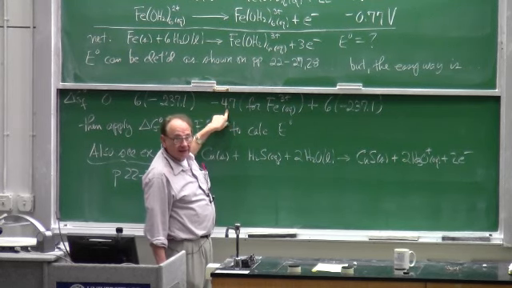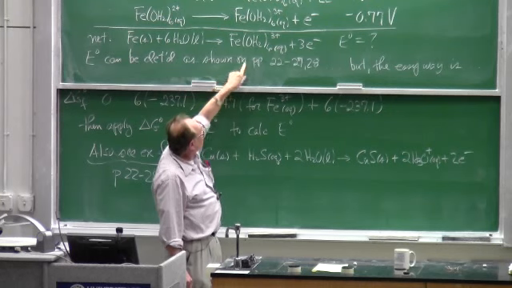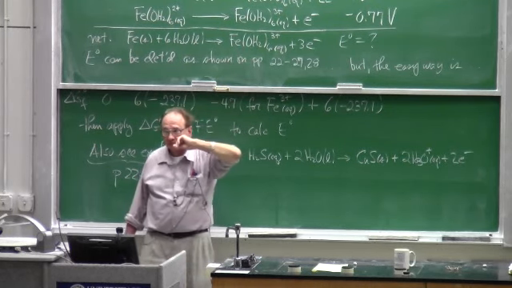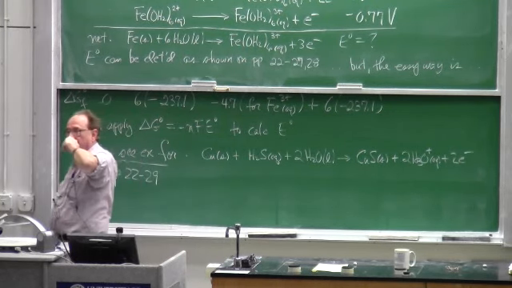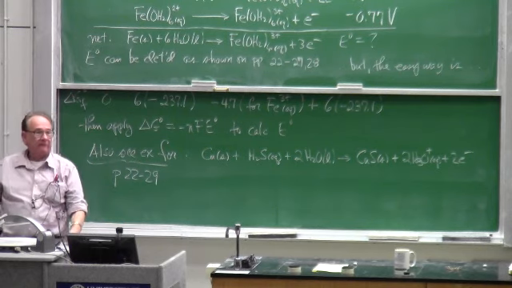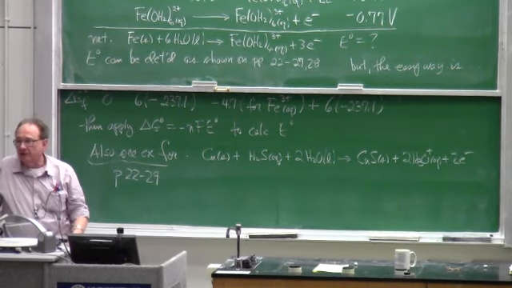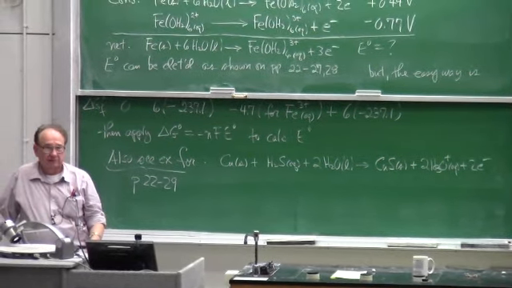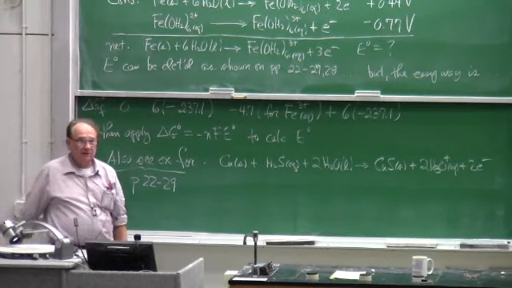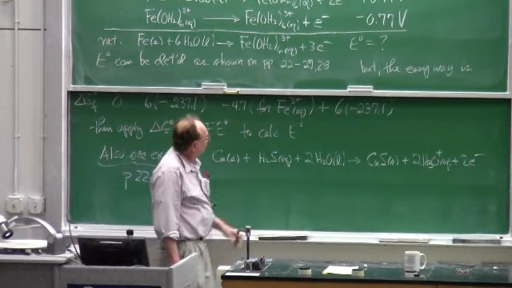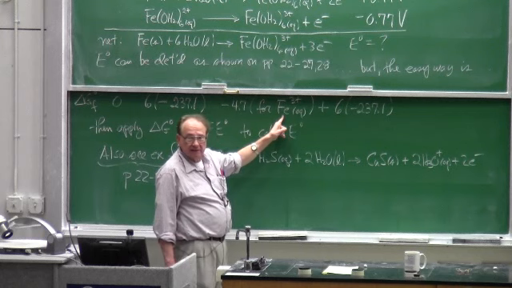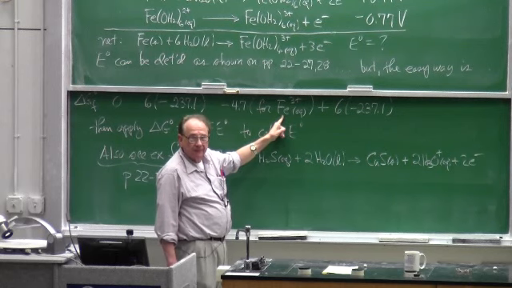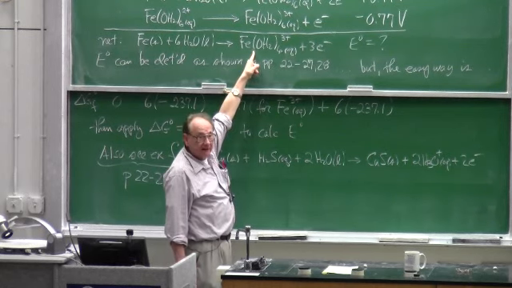That is not the delta G sub F super 0 value for this thing. I really don't know, I haven't found out yet why thermodynamic folks do this. Because in reality, there's no such thing as this. Because the positive charge density of iron plus 3 is substantial. It forms a defined hydrate in water, and this is the defined hydrate.